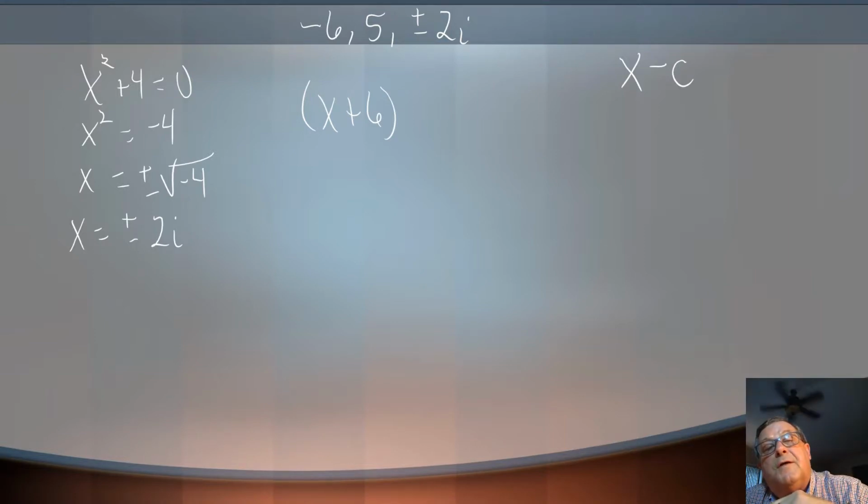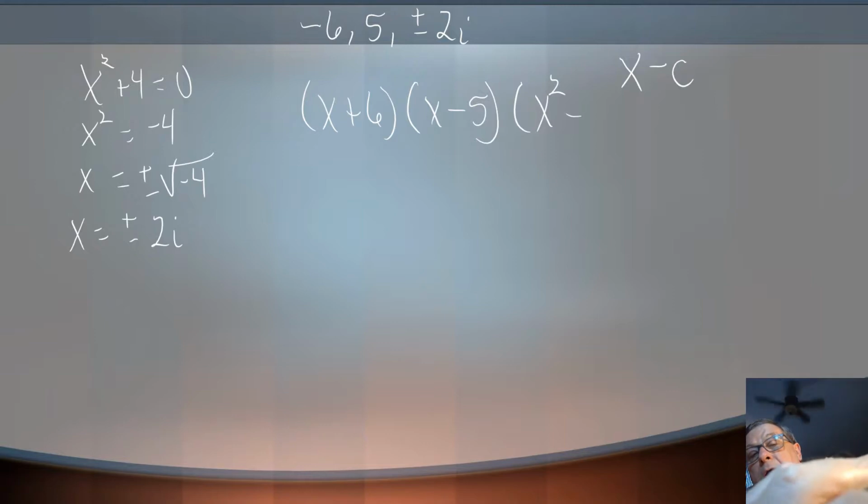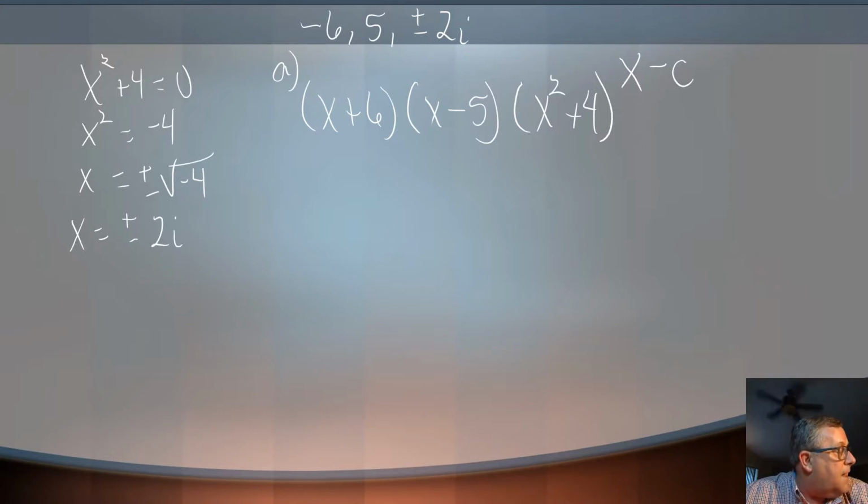I substitute in 5 for c and x minus c, and then I've got a linear factor of x minus 5. And then our irreducible over the reals was x squared plus 4. So this is the a part of that, writing the linear factors and the irreducible quadratic factors.